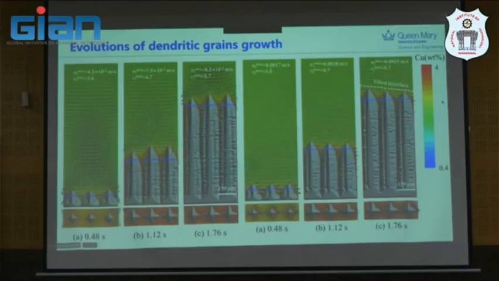It's about 0.0017 meter per second. It's much larger than this case. And also we found that here we can see the symmetrical characteristic of the secondary dendrite.